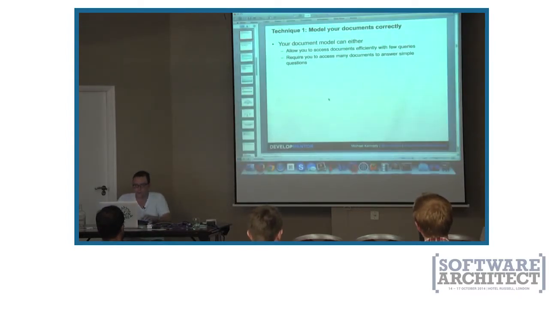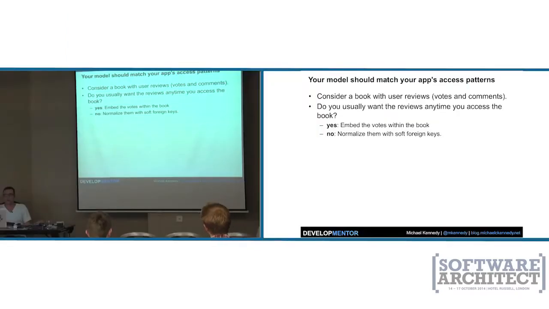How do we think about modeling our data? Do we take our items and embed them? Or do we put them in a separate, normalized table, connected with what you might think of as soft or weak foreign keys? They're not enforced by the database, but they represent relationships, right? So do you usually want the reviews when you get the book? If the answer is no, then don't do this.